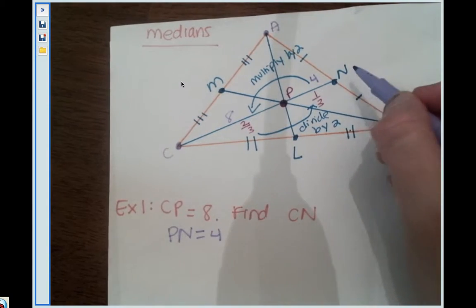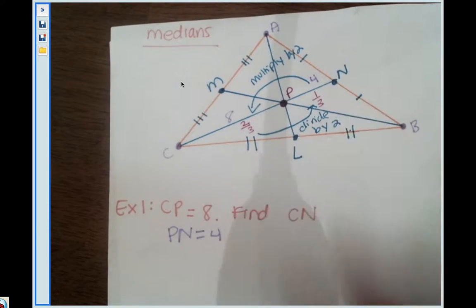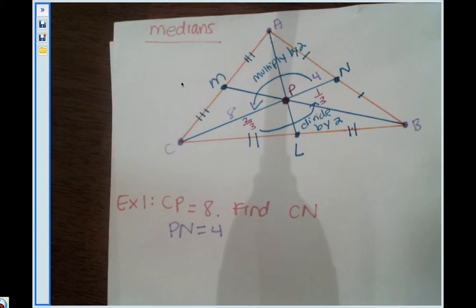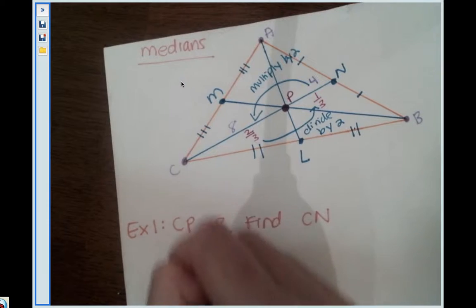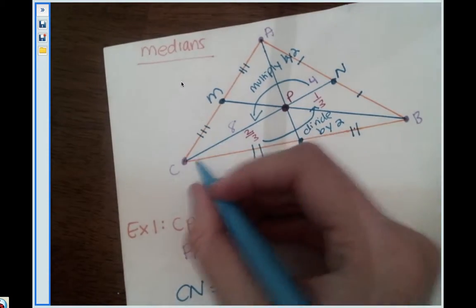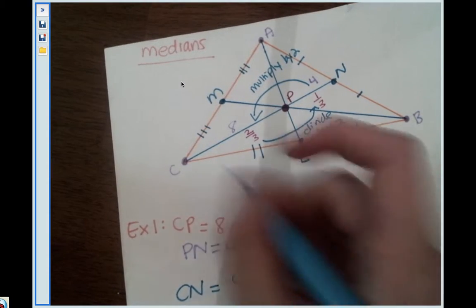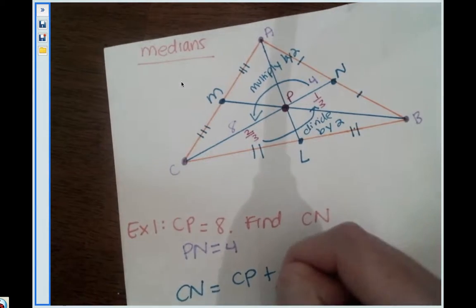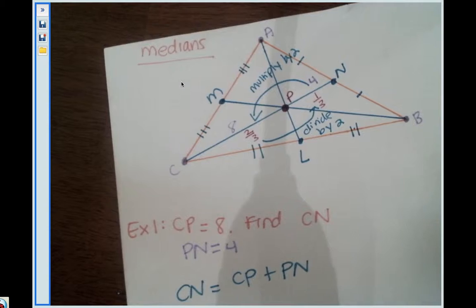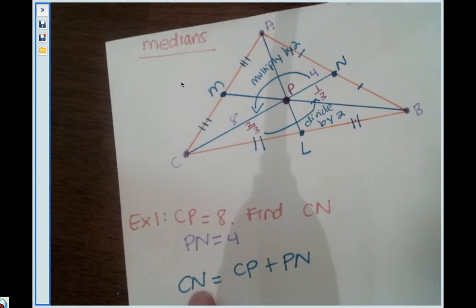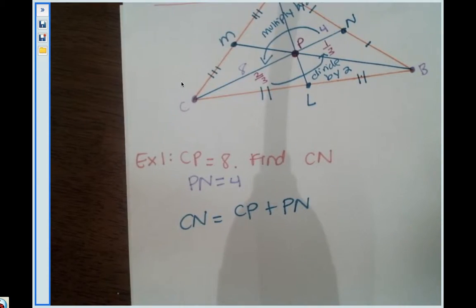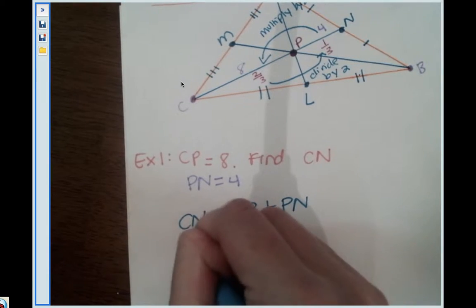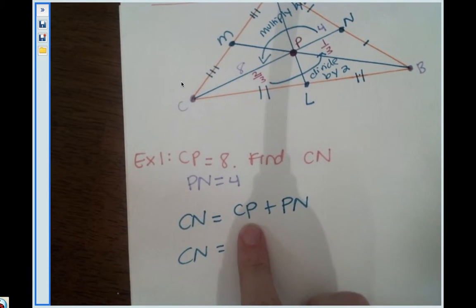CN is broken up into these two segments. So I'm going to write that down: CN equals CP, the length from C to P, plus the length from P to N. If I fill in these values, I'm going to have CN. So CN equals, what does CP equal?